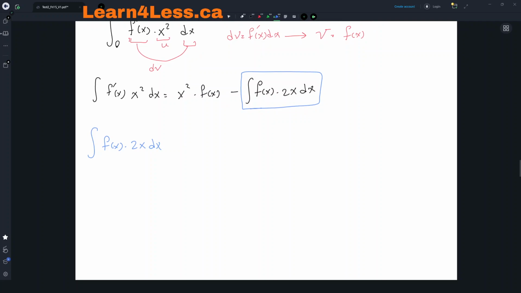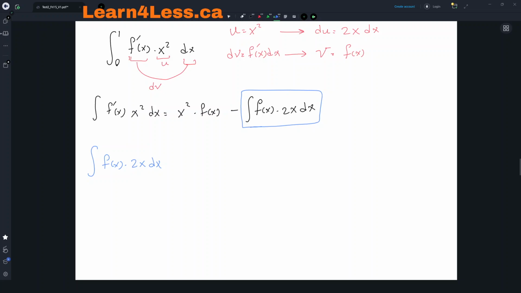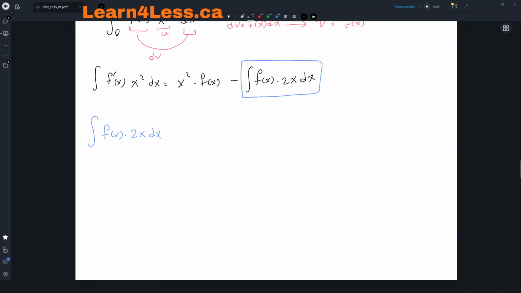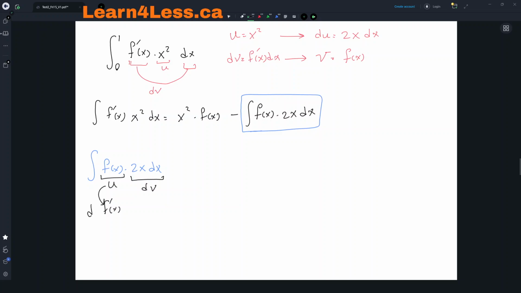It seems to have a very similar structure as this one, so I can apply integration by parts again. To do that, I need to decide which part is u and which part is dv. If I choose this part to be u and this part to be dv, when I take the derivative of that, du becomes f prime of x dx.